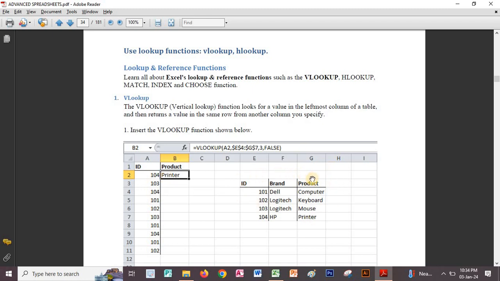So we are looking for a value in this leftmost table, for example 101, and matching it here, so that if it matches 102 here, what is going to be returned, if we say maybe it is the third column. So for vertical lookup we are matching in the columns. So we return the third column and we match the values in the first column.